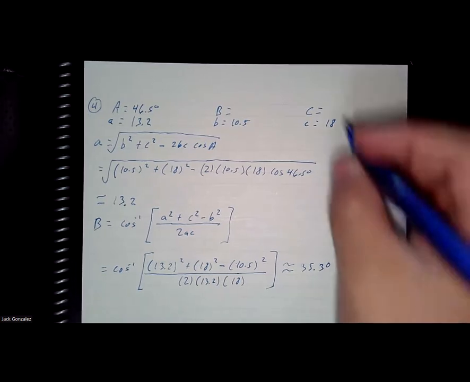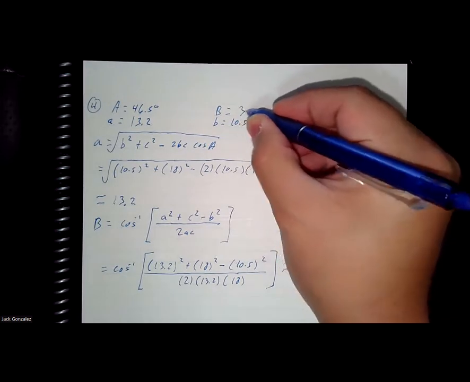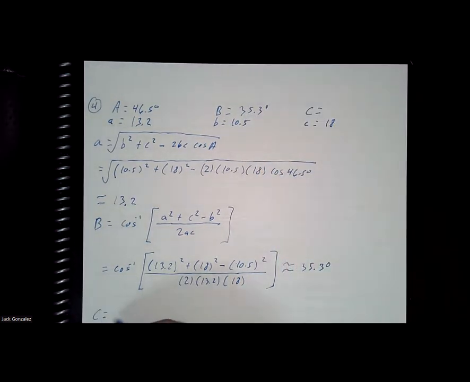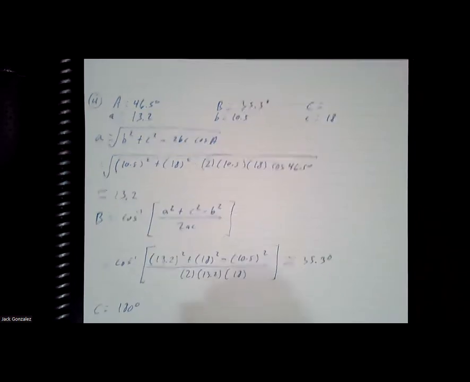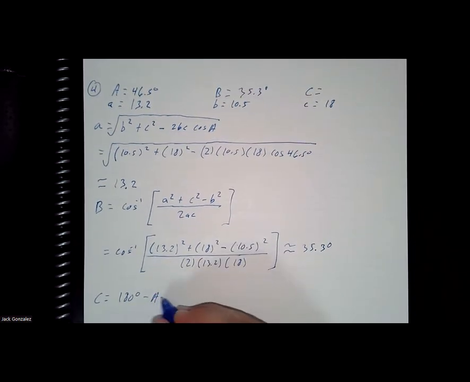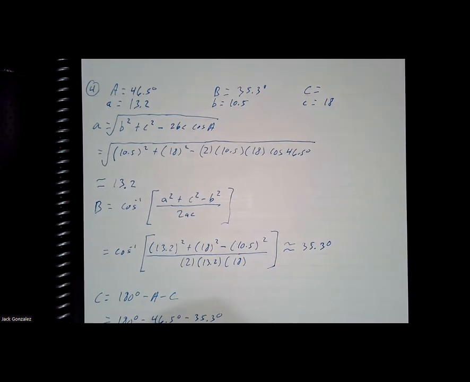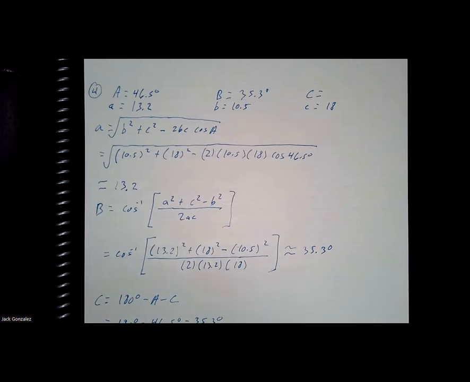So once you have A and B, you can find C no problem, right? So C will equal 180 minus A minus B. So that will be 180 minus 46.5 minus 35.3. So capital C will be 98.2, I believe. Yeah.